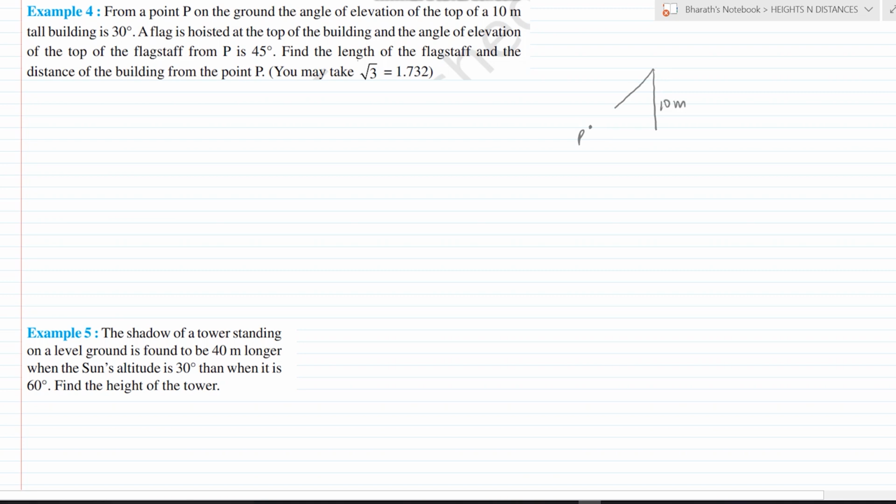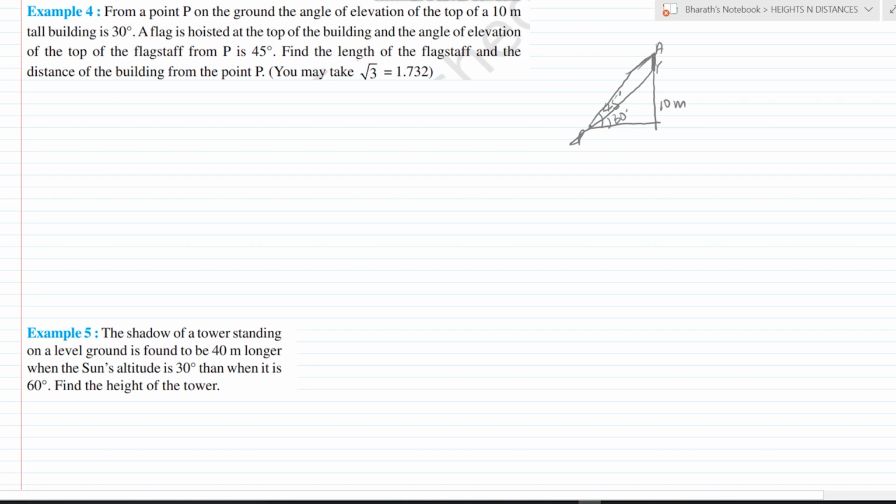From here, the elevation is 30 degrees, and there's a flag over here somewhere. Flag always stands at the top, right? So this is 45 degrees.